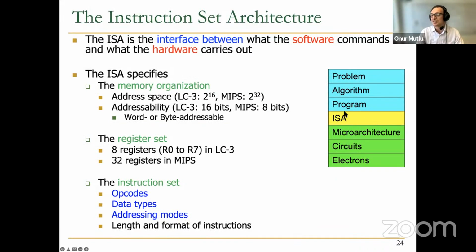Whenever you change the instruction set architecture, don't forget that there's software that was written assuming the old instruction set architecture. So you should be very, very careful. You should provide a path for that software to migrate to the new instruction set architecture. Or if you say, okay, forget about that software, then you run the risk of people not using your new instruction set architecture and new hardware.